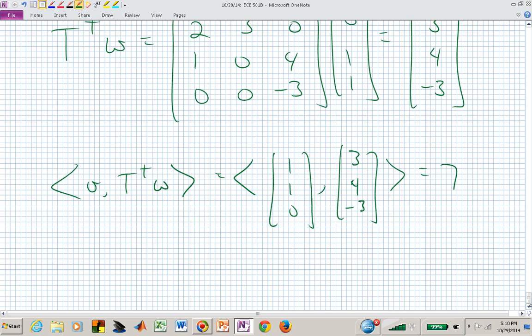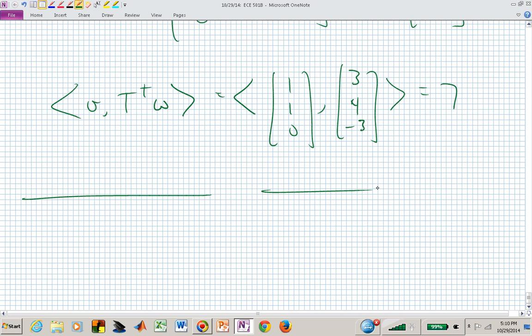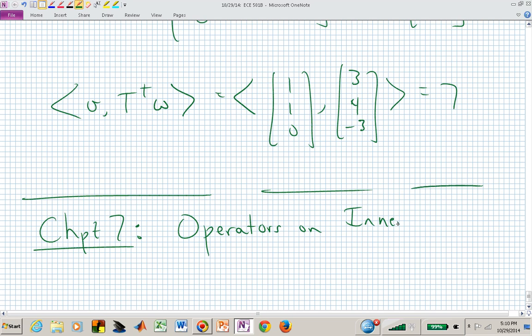Now that we have some of these ideas of adjoints and linear maps, we can start to talk about operators on inner product spaces, which is chapter 7.